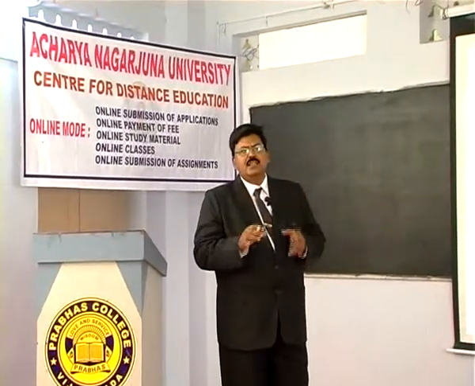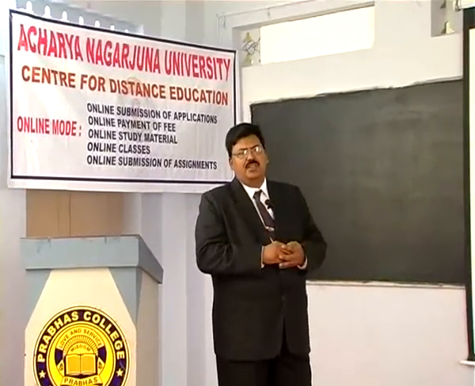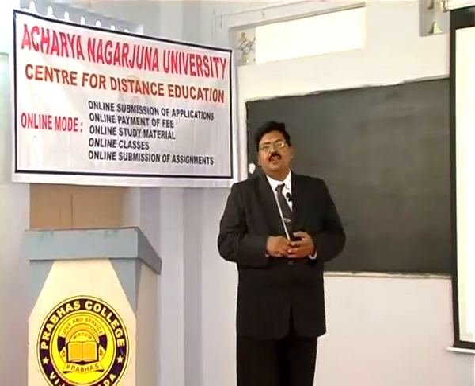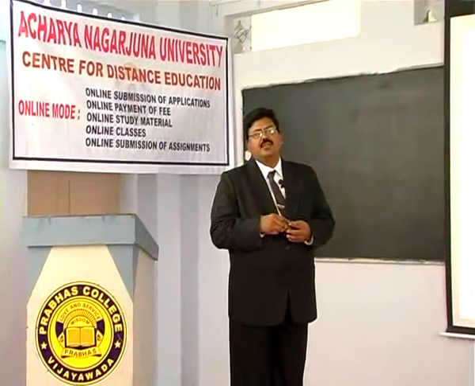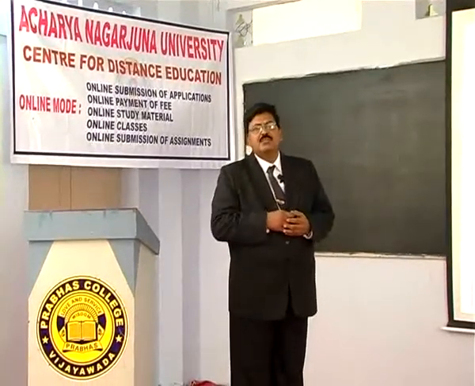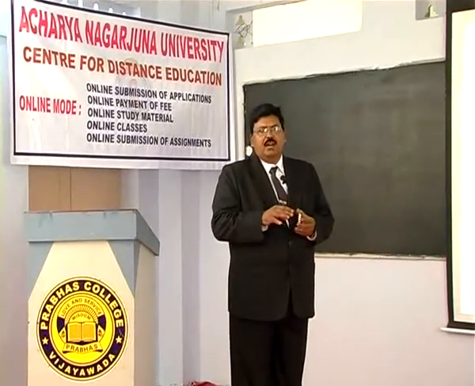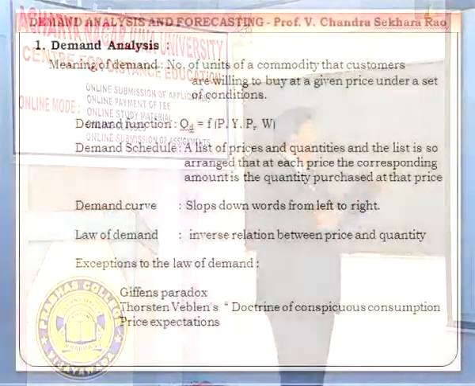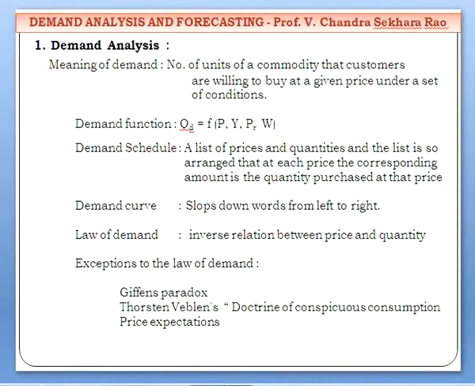These are the basic determinants for any commodity in general, and the specific determinants may vary from commodity to commodity. Based on the nature of the commodity, sometimes some other determinants may be there. But for all commodities in general, if you want to write a demand function, quantity demanded is a function of P, own price, Y, income, PR, price of related goods, and W, which stands for wants or tastes of the consumer.